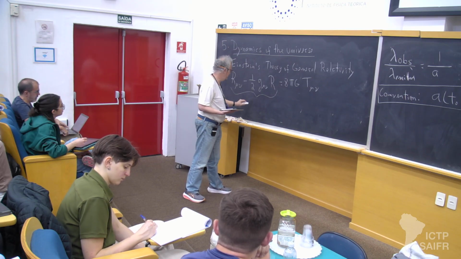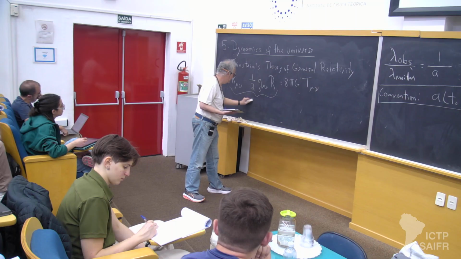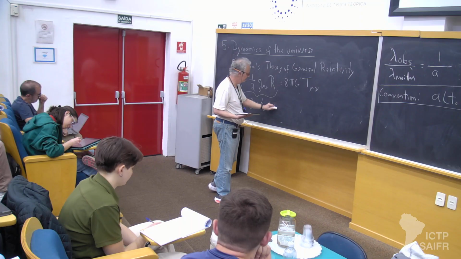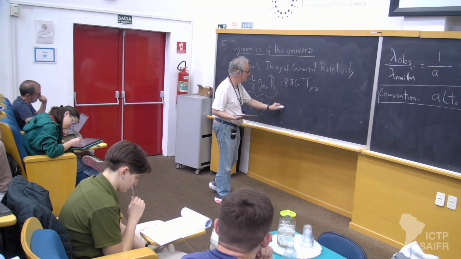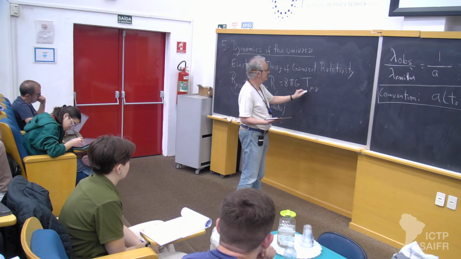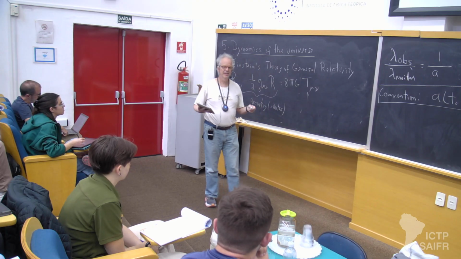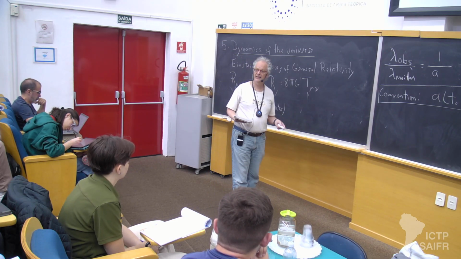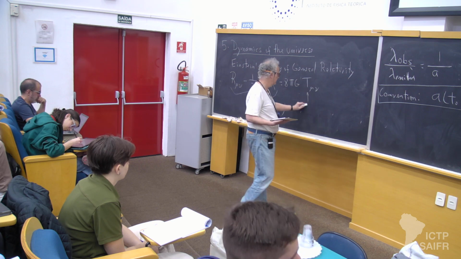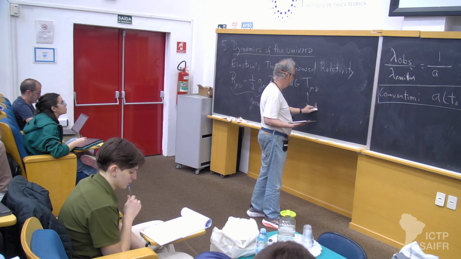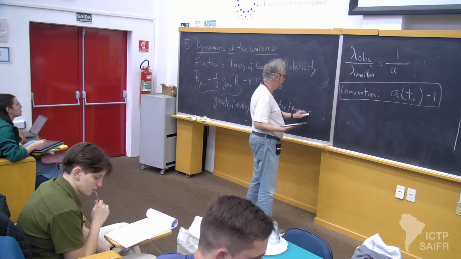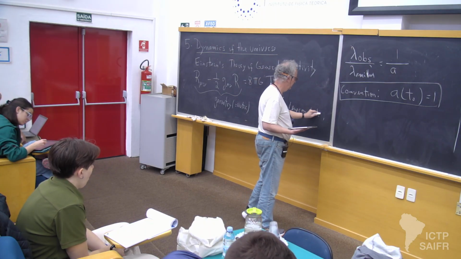This is the geometry side of the equations, which is basically the metric. And the right-hand side is the source of gravity, which is the distribution of matter and energy in the universe.